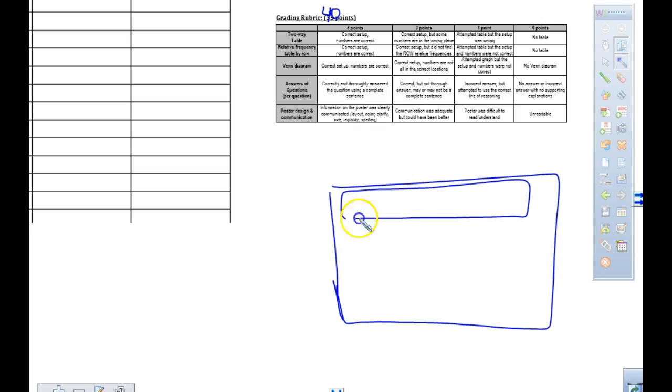So I'd have my question up here. Is there a relationship between the number of people in orchestra and foreign language? Then over here, I would maybe have my two-way table, okay? Then over here, maybe I have my relative frequency, and then maybe down here, I have my Venn diagrams, okay? And I'm going to do that on notebook paper today and maybe try and answer that.